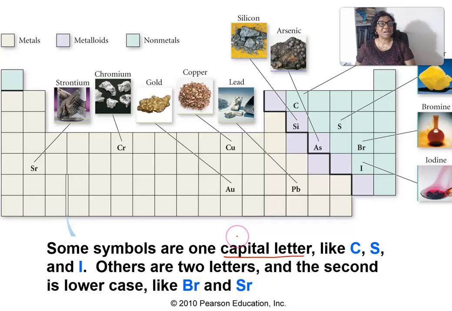And if the symbol of the element has 2 letters, the first letter must be uppercase and the second letter must be lowercase. You cannot have 2 uppercase letters as a symbol of the element. No. And if it has just 1 letter, it must be in uppercase.